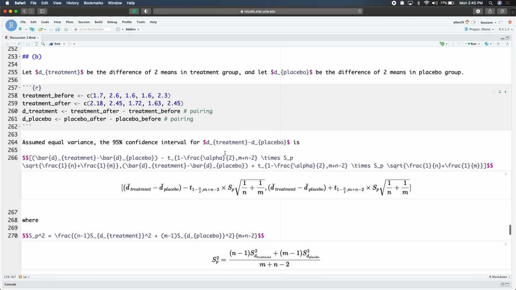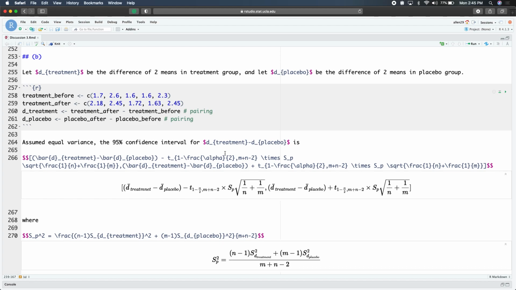Then for part B, based on the definition in the hints, we have before and after. So 5 after for the treatment minus 5 before for the treatment, and then another 5 for the placebo after, and another 5 for the placebo before. So we take the differences.